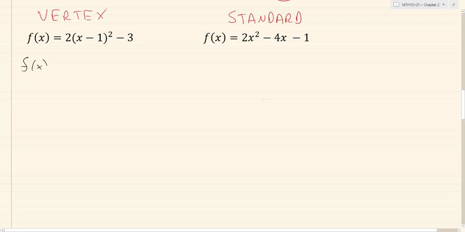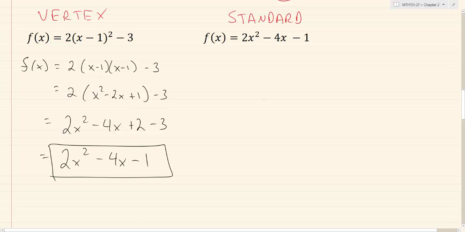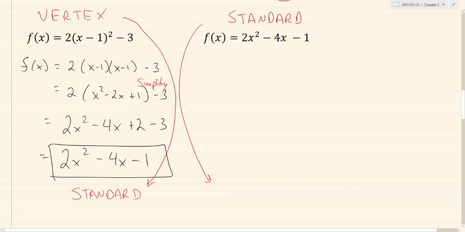So you'd say f of x equals 2 times (x minus 1) squared minus 3. FOIL this. Now you are in standard format. So in order to go from vertex format to standard format, you need to simplify. To go from standard down to vertex, you have to complete the square.